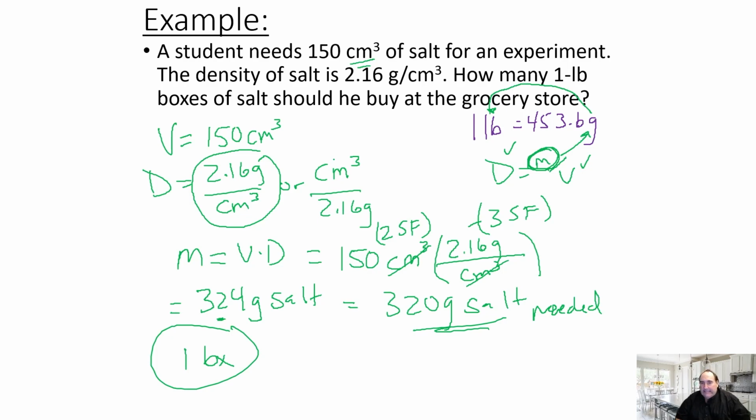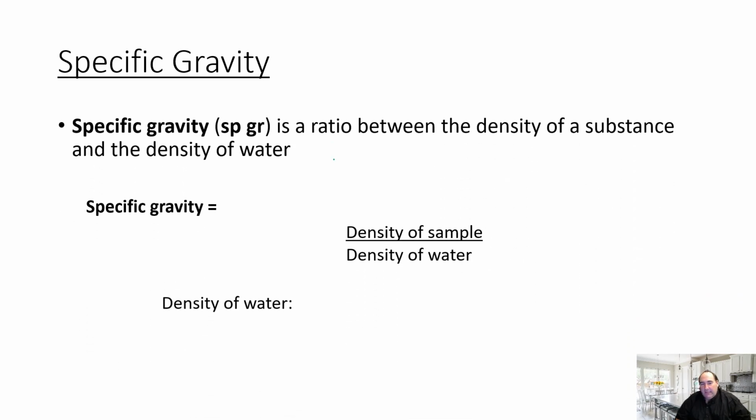So that is density. Let's talk a little bit about specific gravity. Specific gravity is the ratio between the density of a substance and the density of water. So as we talked about, density of liquid water is 1 gram per milliliter.